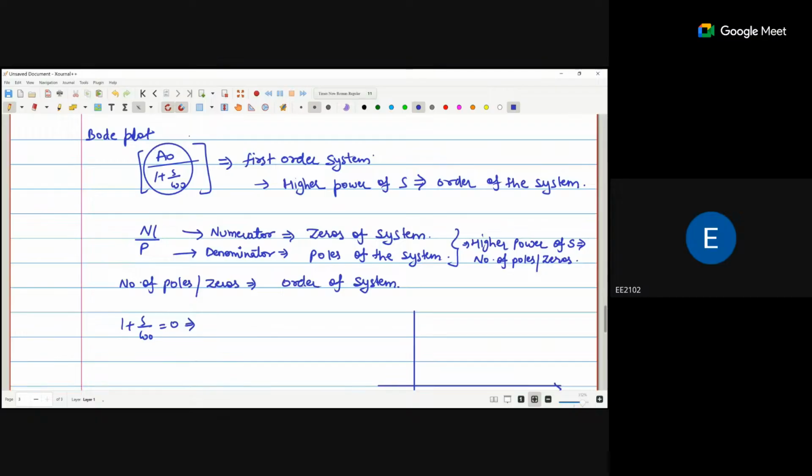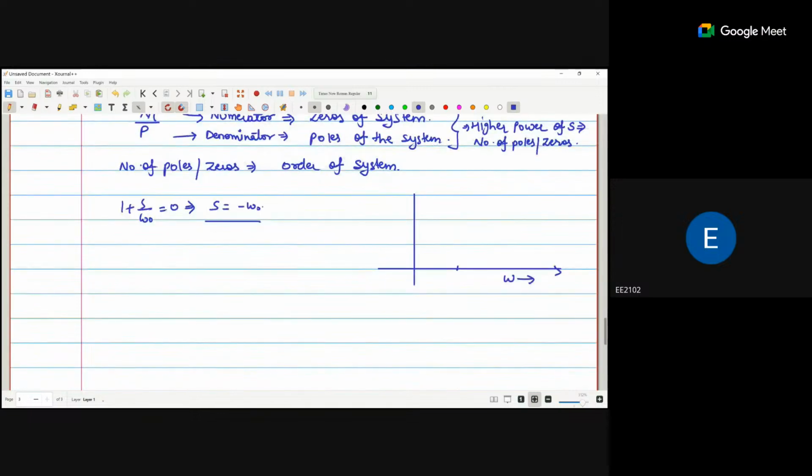So what is the position of the pole? S, and S is nothing but omega naught. So we can say one pole is available at the omega naught location. Clear?